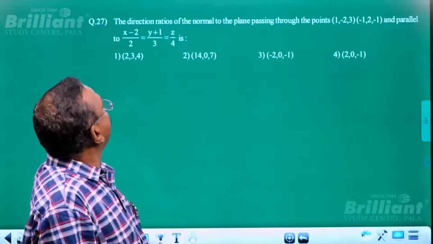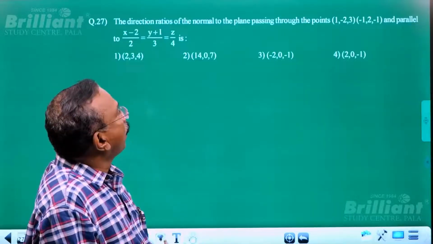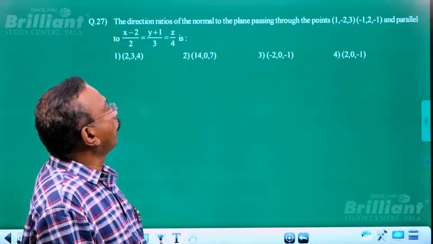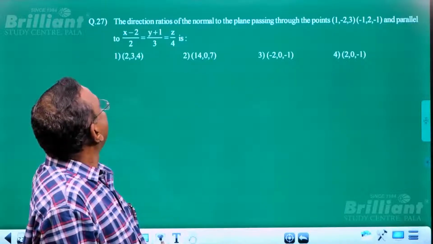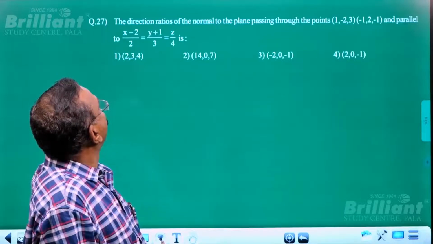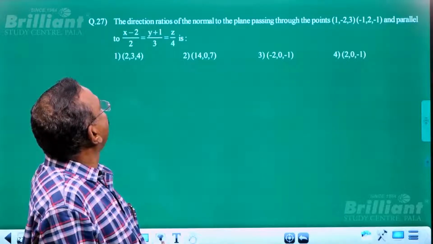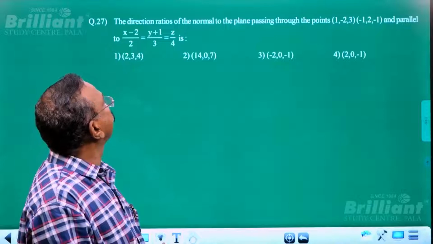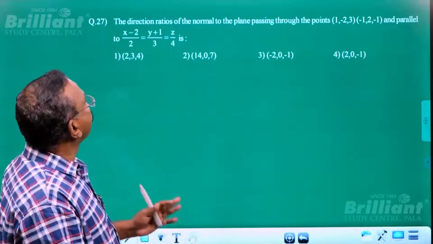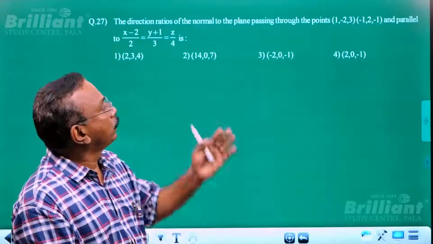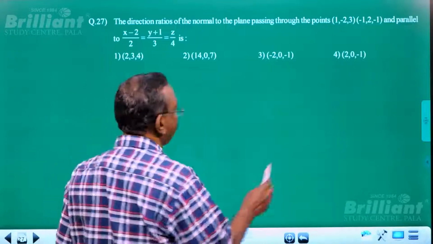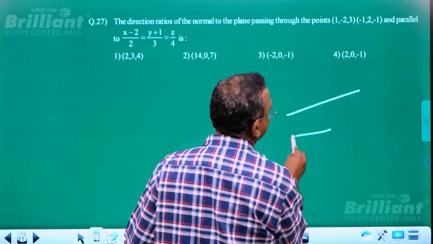Now question number 27. The direction ratios of the normal to the plane passing through the point (1, minus 2, minus 1), (2, minus 1) and parallel to the line (x minus 2) by 2, (y minus 1) by 3 is equal to z minus 4, is? Direction ratios of the normal to the plane: a line is here and a plane is there.